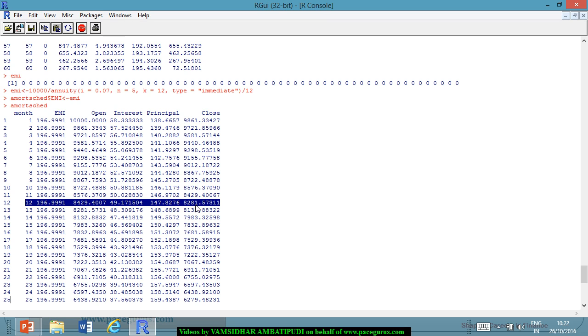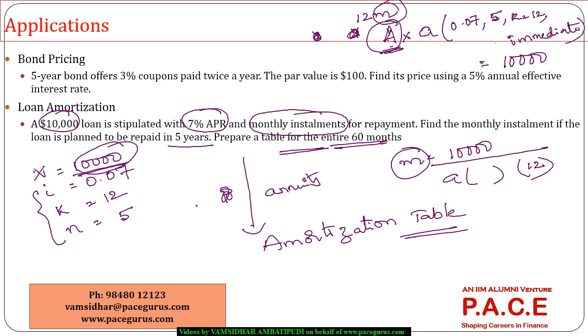So that's how I could typically try computing the amortization schedule. So here, once we understand the basic functionality of our basic structure of the data frames and various aspects of R, the definition of the arrays, etc., creating these kind of tables would be a much simpler task itself.